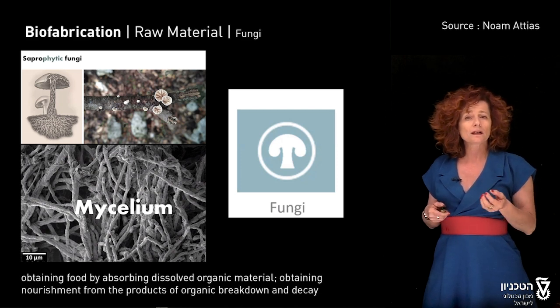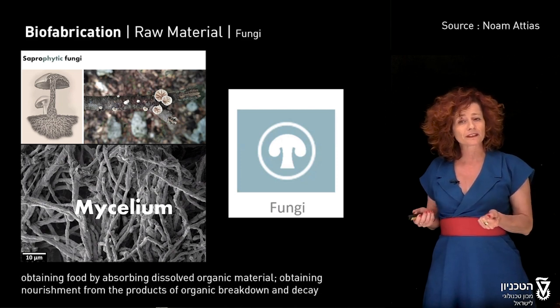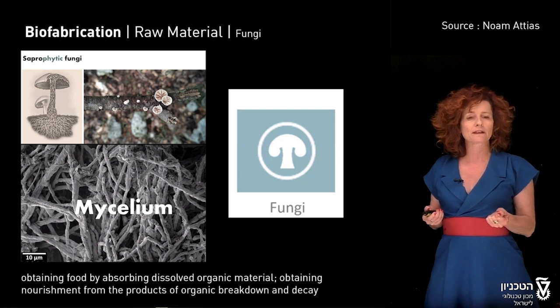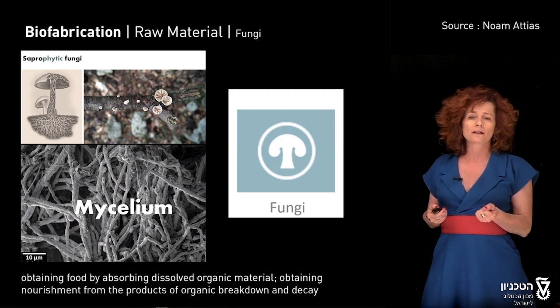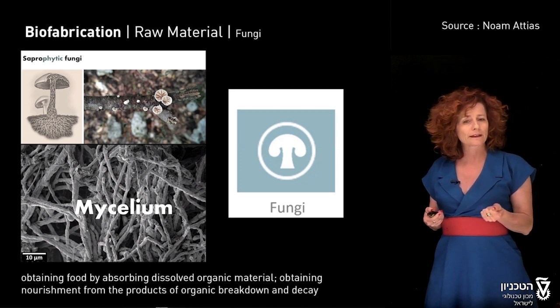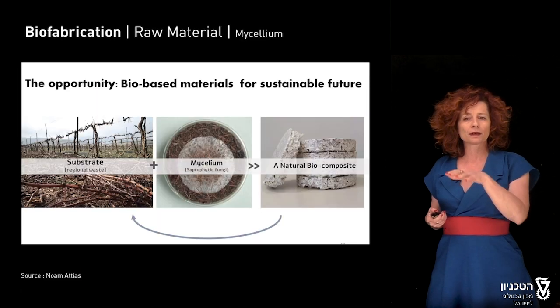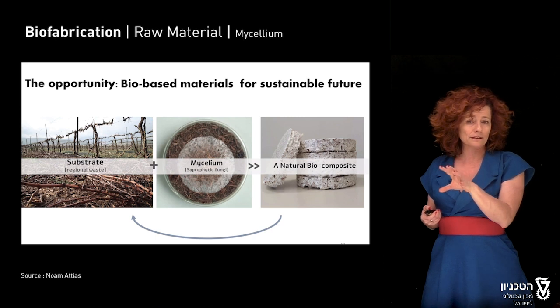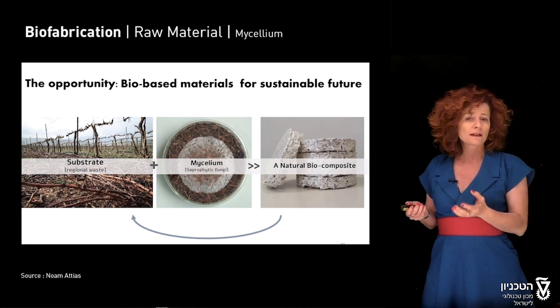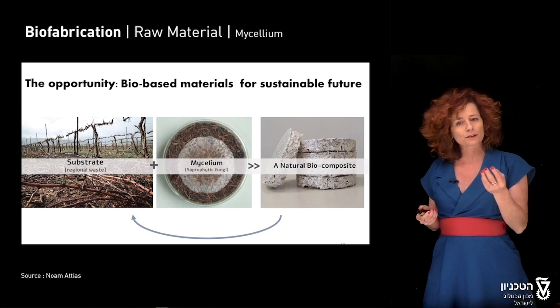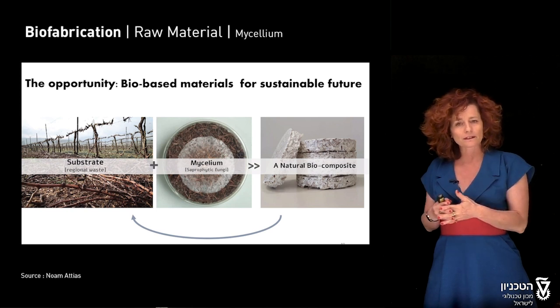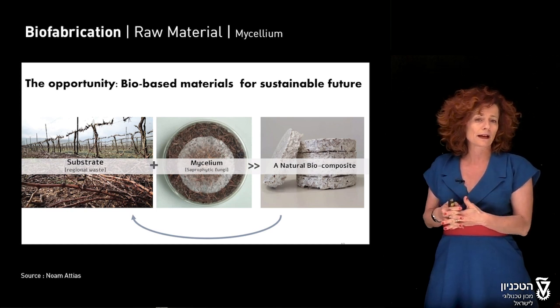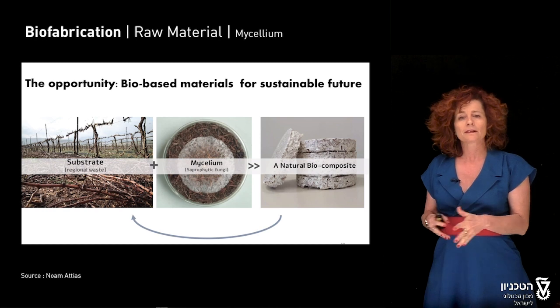So fungi are saprophytic by nature. That means that they nourish from the decay or dissolved organic material. So we have a substrate, decaying organic substrate, that could be any waste, and then the mycelium spore, and together these form a natural biocomposite.